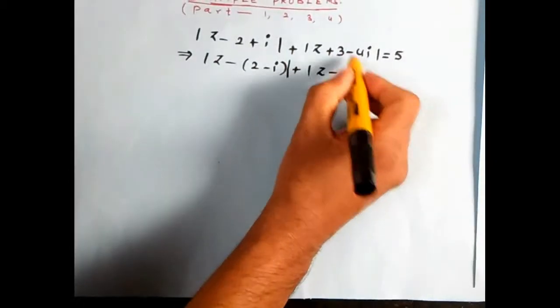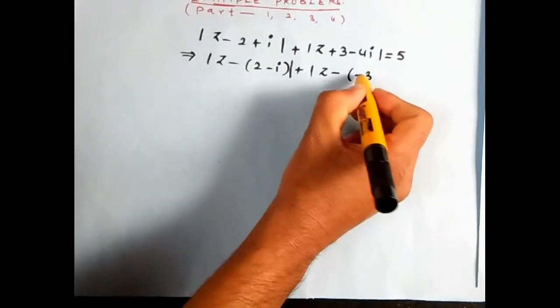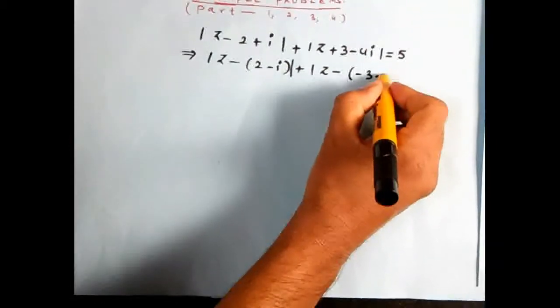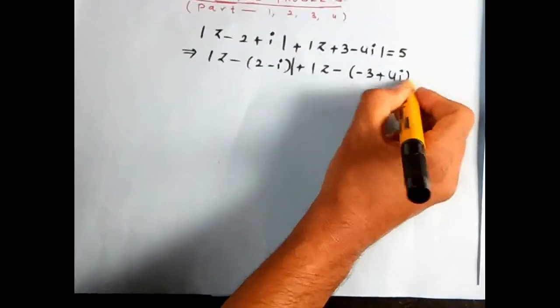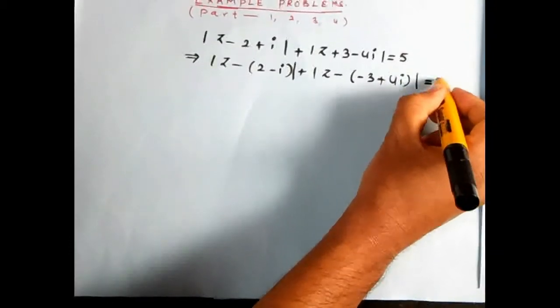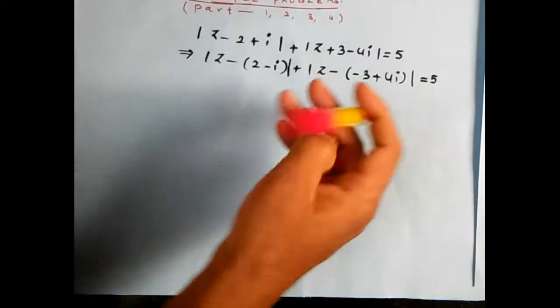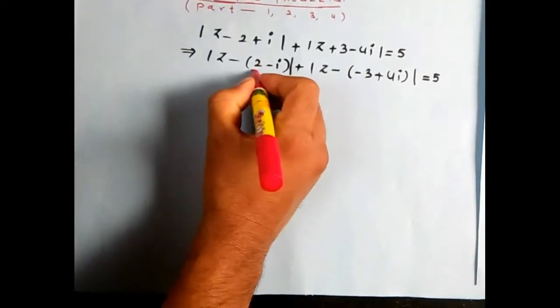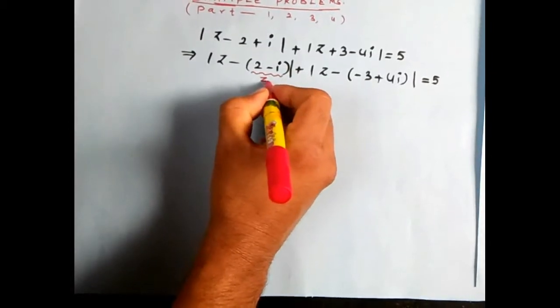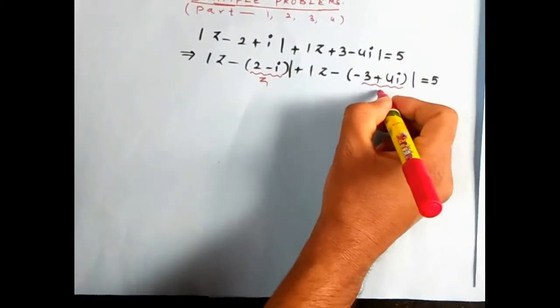So I can write plus 3 as minus of minus 3 because minus into minus becomes plus, and this as plus 4i equals 5. Now you can see this is modulus of z minus z1 plus modulus of z minus z2 equals 5. So this is z1 and this is z2.